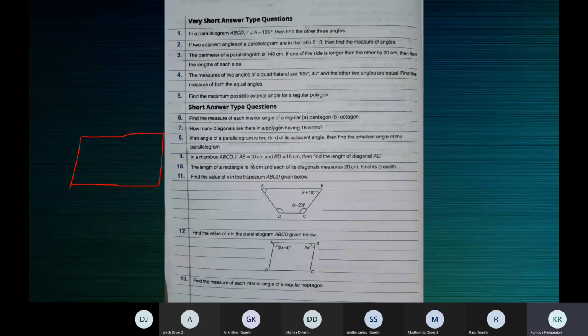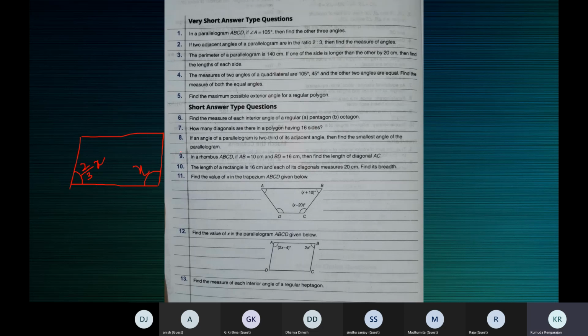It's given that one angle is 2/3 of its adjacent angle. So if you mark one angle as x, the other angle will be 2/3 of x.